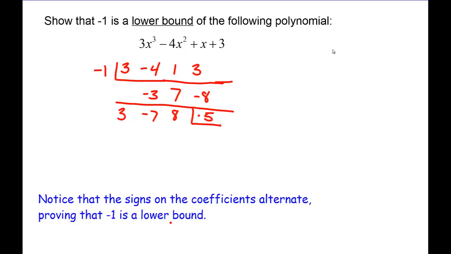So when you do synthetic division, if you notice that the signs of the coefficients in the quotient are alternating, you know that the value you're working with is a lower bound of the polynomial. So there are no real roots that exist below negative 1. And that can be very helpful when you're trying to find the zeros of your polynomial to know you don't need to look any further below that.